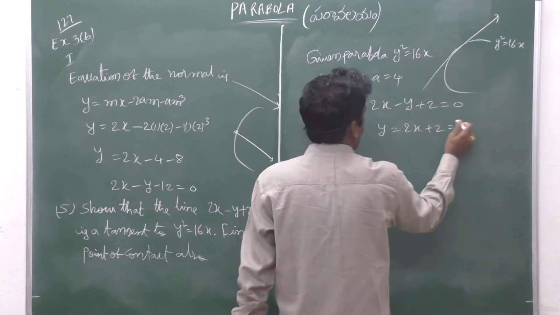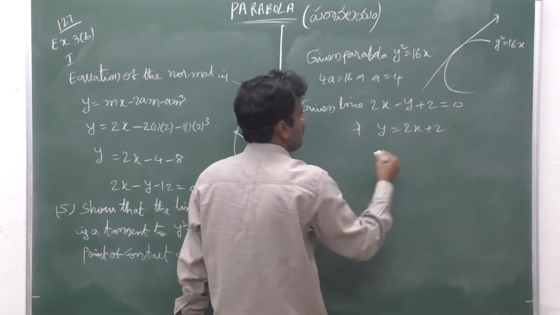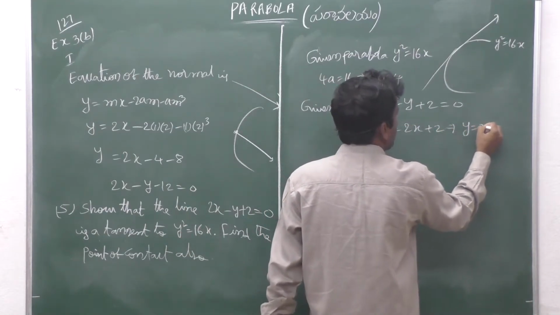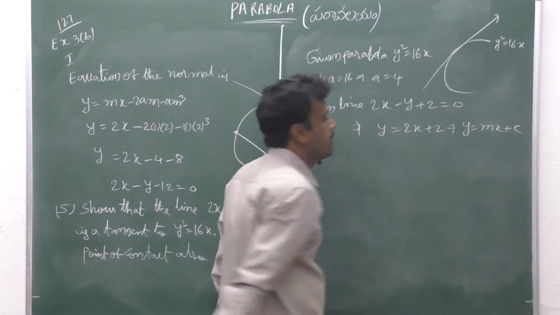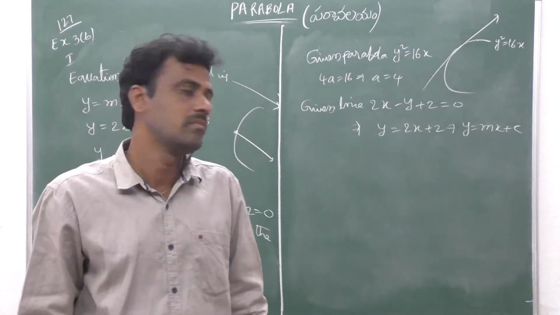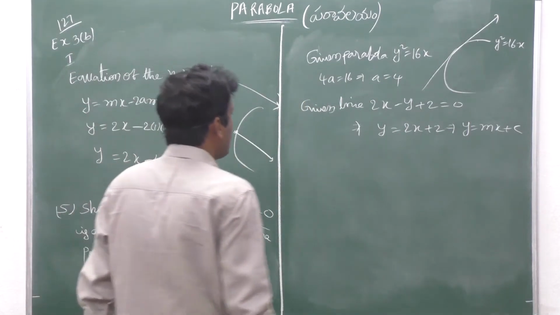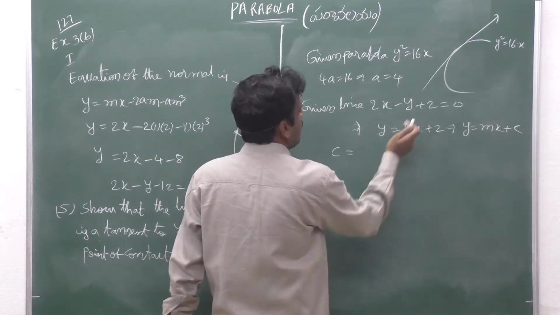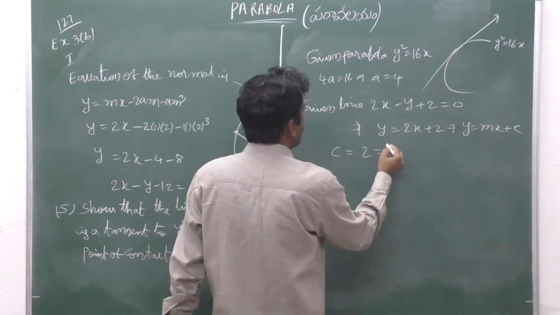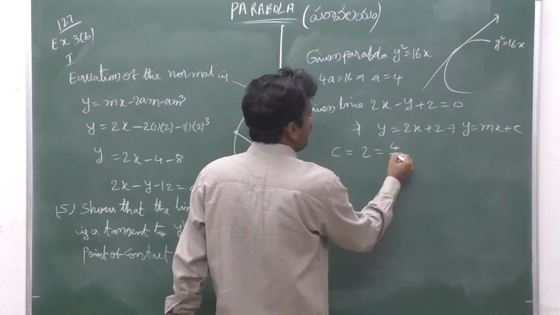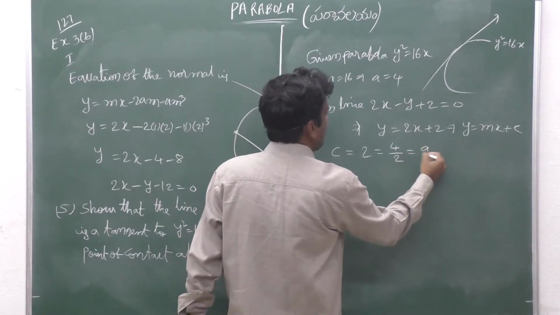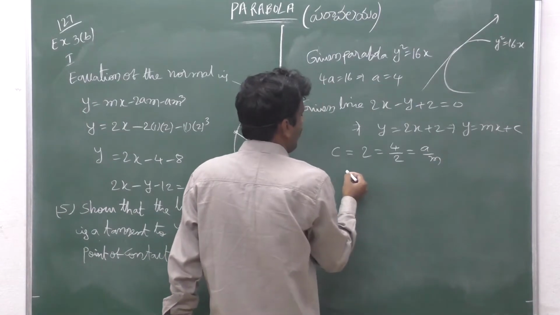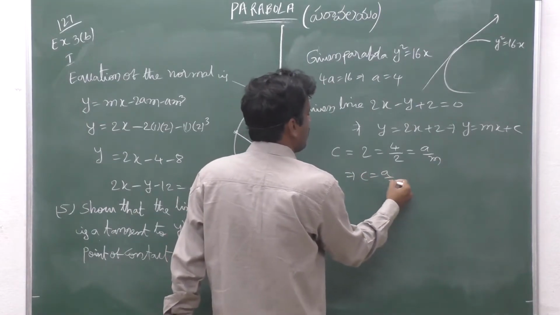That is y equal to mx plus c form. Now c equal to 2, and a by m is 4 by 2, which is 2. Okay, that implies c equal to a by m.